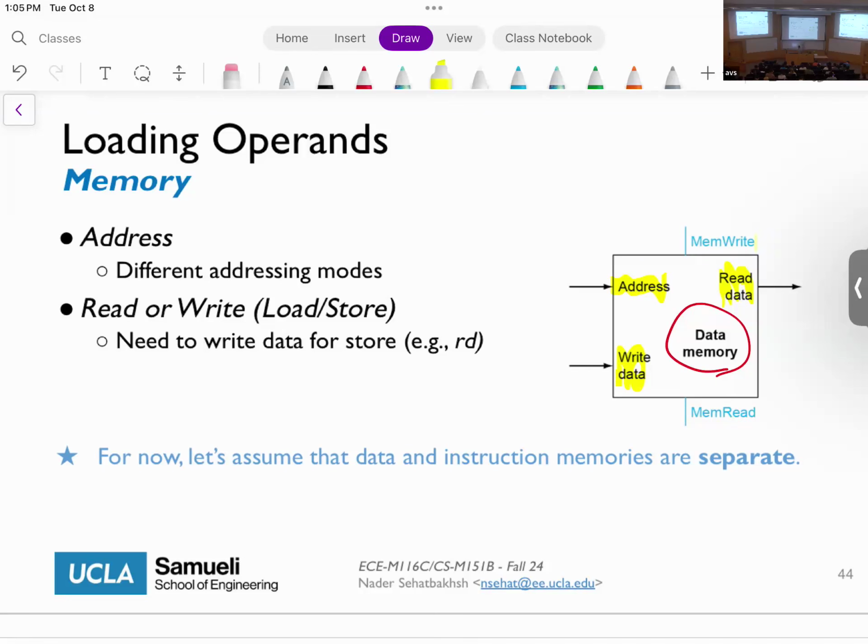And then again, one thing that you have to pay attention to is that we have memread and memwrite for data memory as well. Why do we need memwrite? I'm going to later show you why we need both read and write enables in this particular case. And as I said, for now, we assume that data and instructions are two separate things. Later on, we're going to combine them together. Okay?